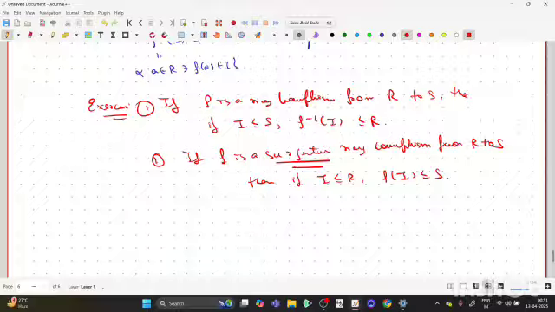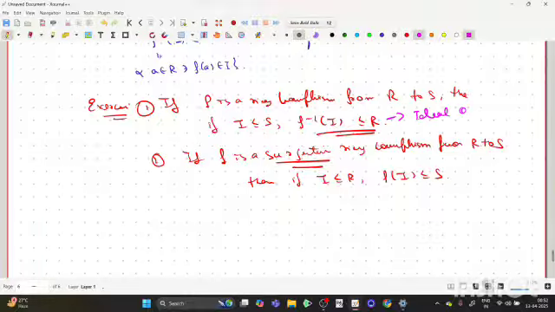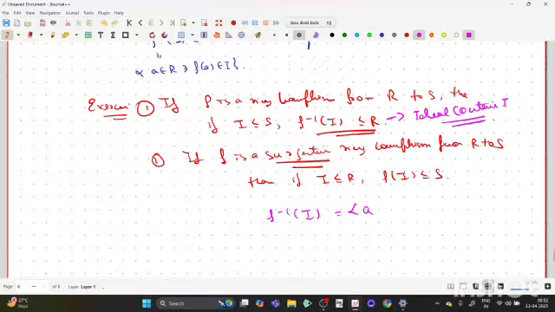Now, what more we can say is the following. Observe that in this case, f inverse of I is not just an ideal. In fact, it's an ideal containing the kernel of f. Why is it so? By definition, f inverse of I is the collection of all those elements a in R such that f of a is contained in I. Are you getting a hint of what I'm trying to say?